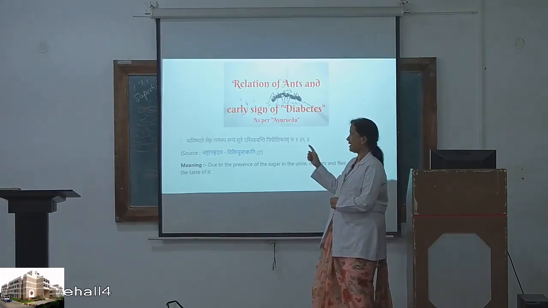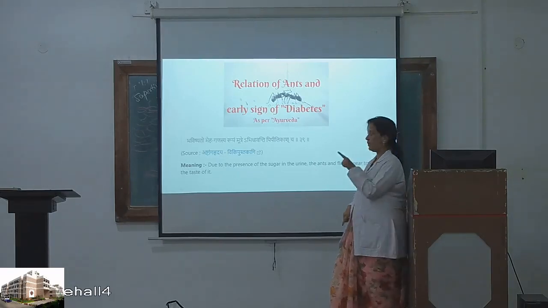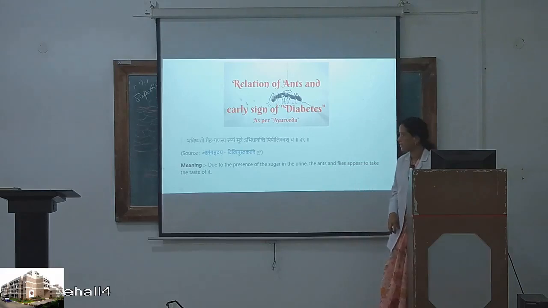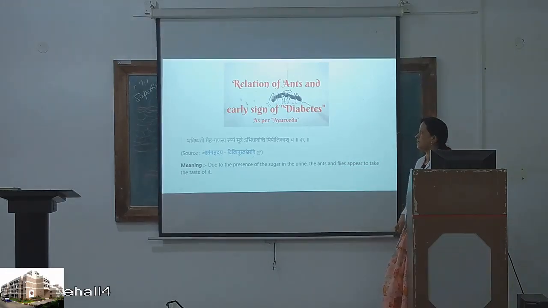This has in ancient Ayurveda a mention about this. See, I just read out this in Sanskrit for you. Bhavishyato meha ganasya rupam mutre dhavanti pipilikascha. Pipilika is ant. Dhavanti, they come, they get attracted.